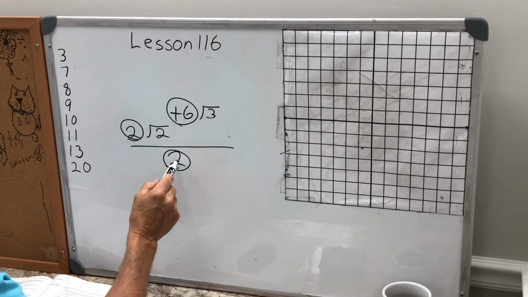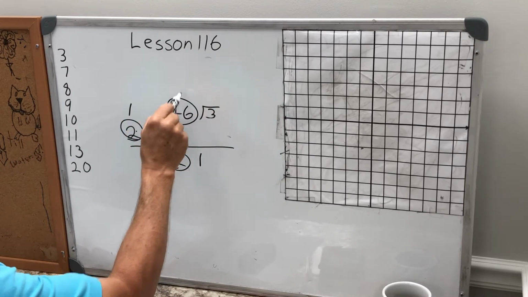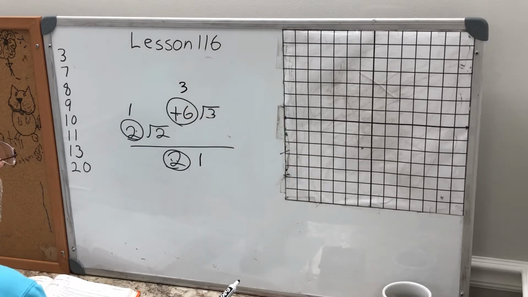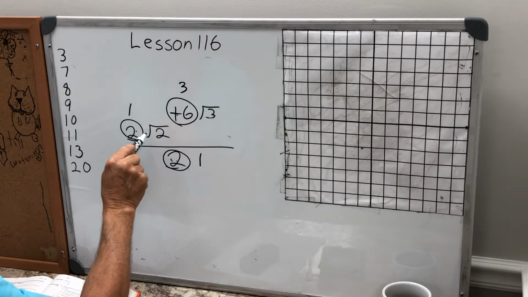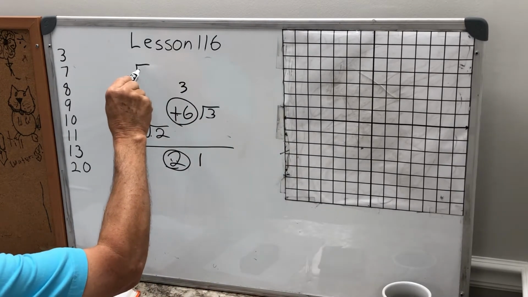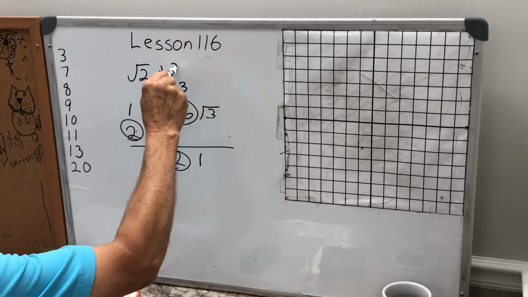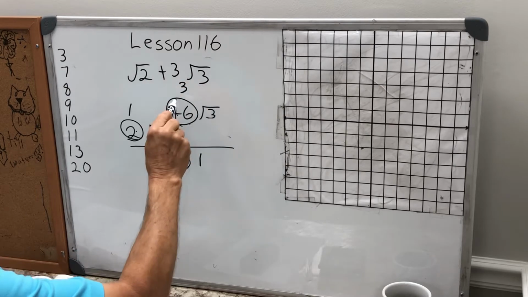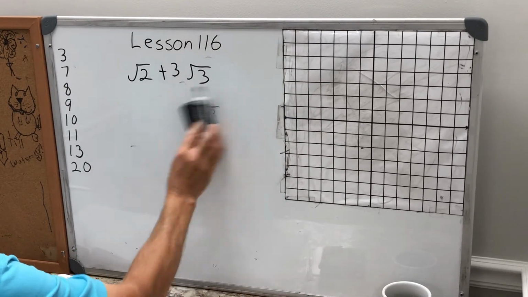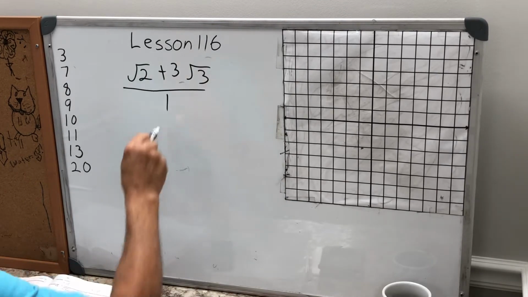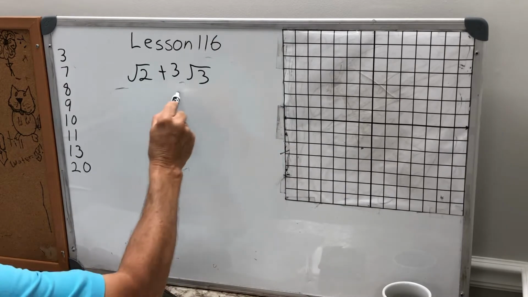So if we can take 2 into all of this, 2 into 2 goes 1, 2 into 2 goes 1, 2 into 6 goes 3 times. So one more time, I'm going to rewrite this. If this is down to 1, this is going to be the square root of 2, and this is going to be positive 3 square root of 3. And this is over 1, which we can do away with. So now here is your answer.